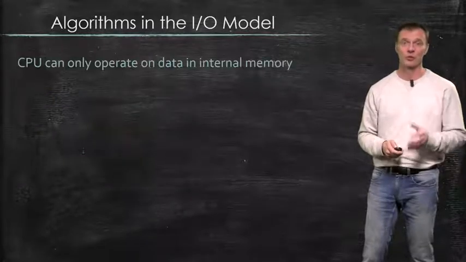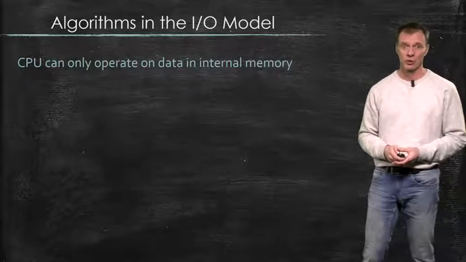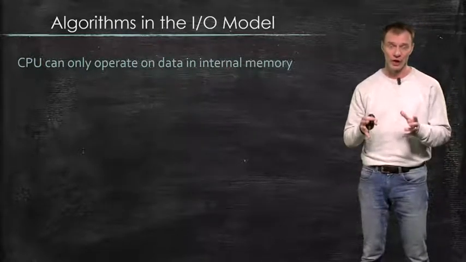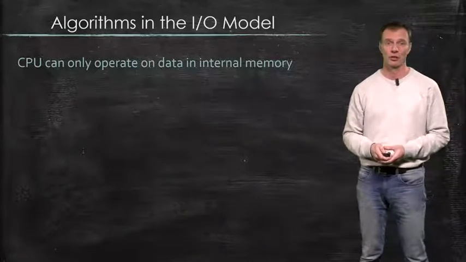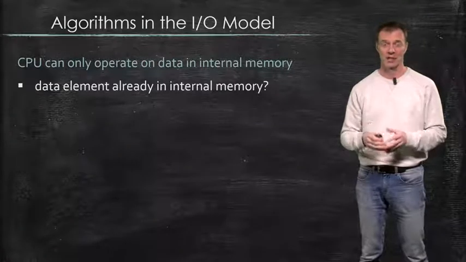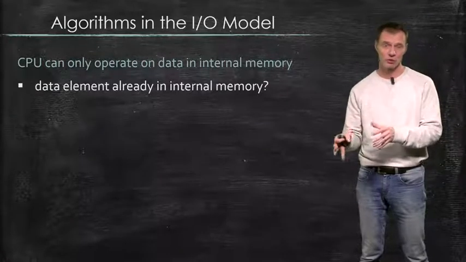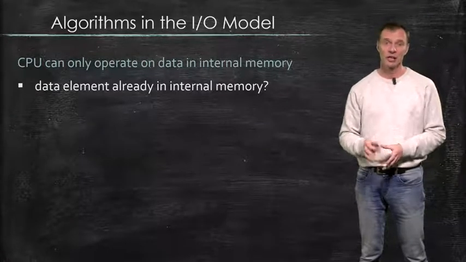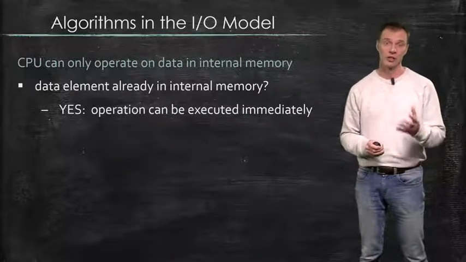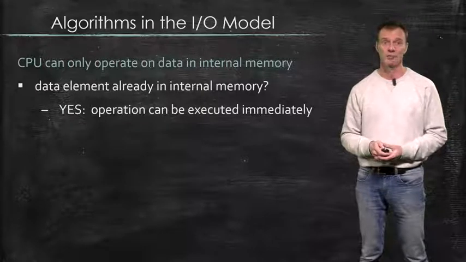So how do algorithms in this model work? Well, as I already noted, the CPU can only work on items that are in the internal memory. So what does it mean? If it wants to do a computation, like add some data element to some number, then if the element is already present in the internal memory, the computation can just go ahead.